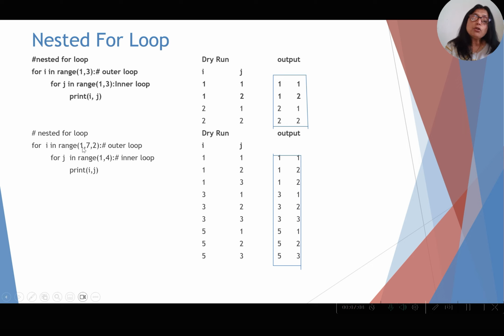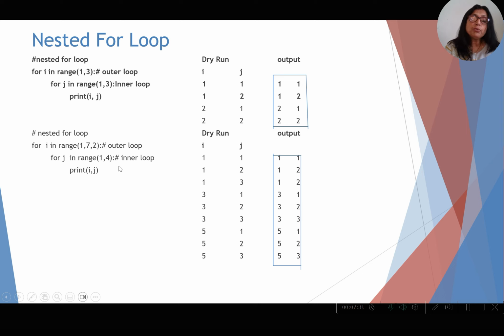So upper bound will maximum go to 6, but since it is step 2, it will go up to 5. 1 plus 2 becomes 3, 3 plus 2 becomes 5. When you say 5 plus 2, then it will be 7, but 7 will not be printed. That is your output for the outer loop.